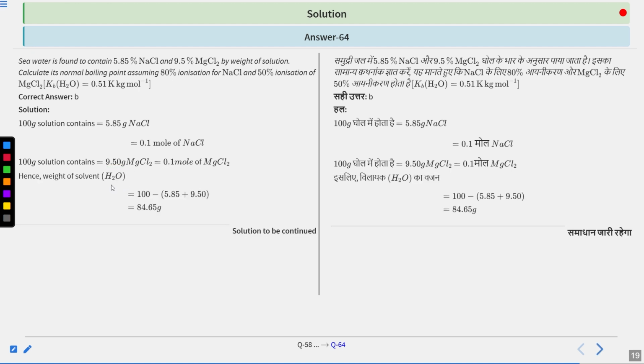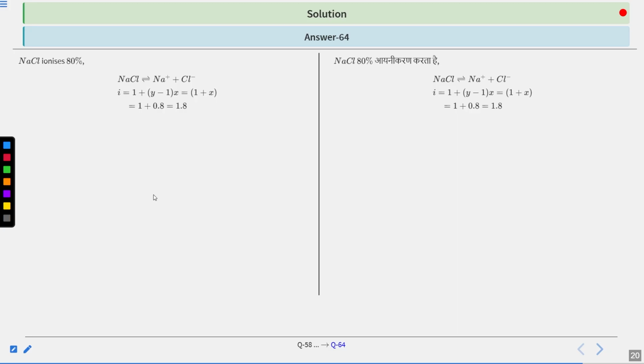Hence, we can write that the weight of solvent is equal to 100 minus (5.85 plus 9.50), because these two percentages are given here. So that will give you the weight of water as 84.65 grams. Next thing we know is that NaCl is ionizing up to 80%.